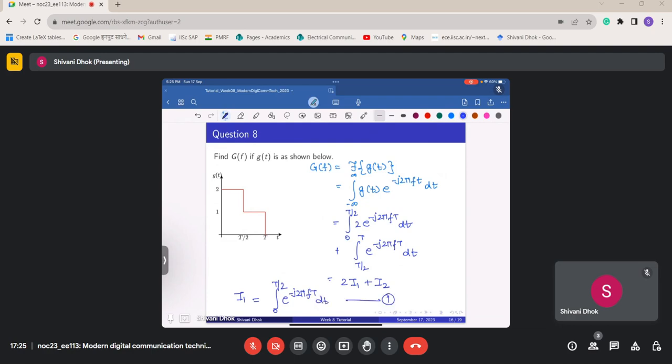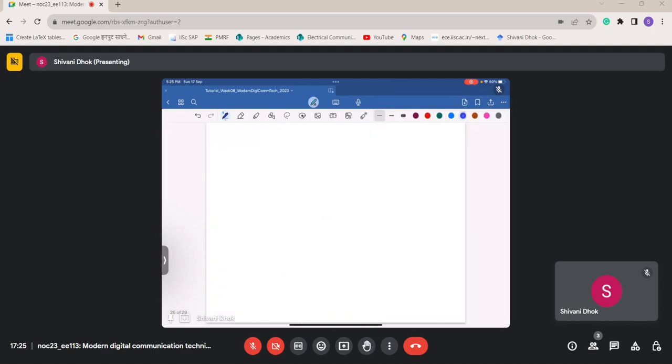Okay, let me have this as equation 1. And this I2 is equal to integral T by 2 to capital T e power minus j 2 pi ft dt. Now let us do a change of variable. Let's say this t1 is equal to t minus capital T by 2, which means that this t is simply t1 plus capital T by 2 and dt is simply equal to dt1.